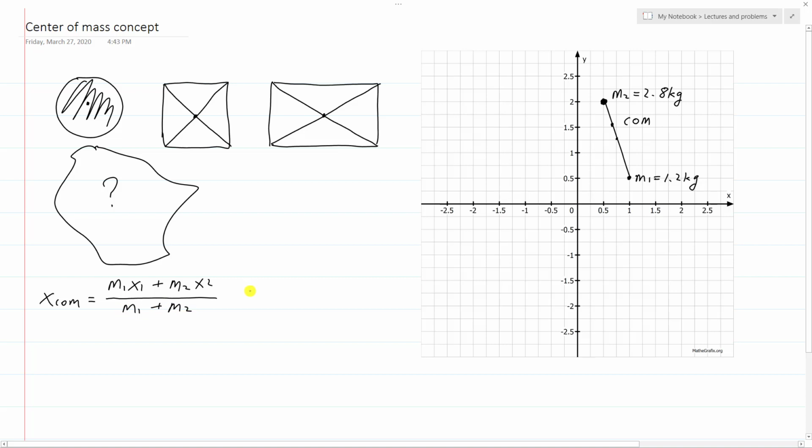And the y center of mass is equal to m1 y1 plus m2 y2 over, again, m1 plus m2.